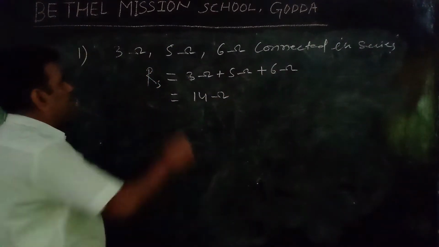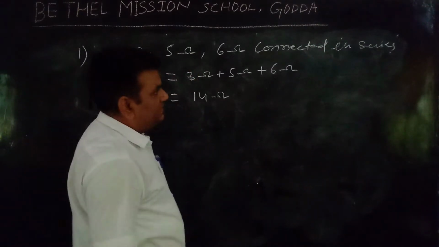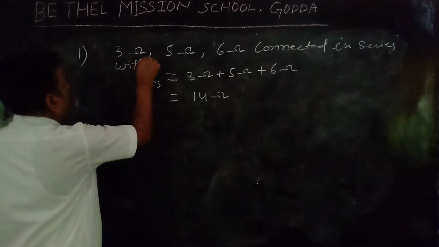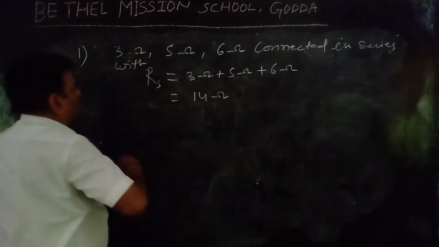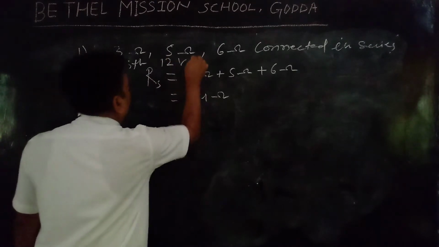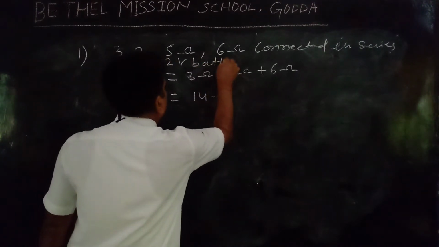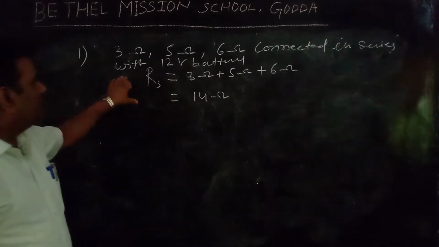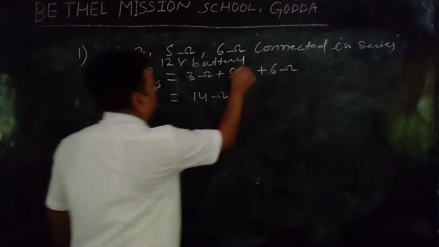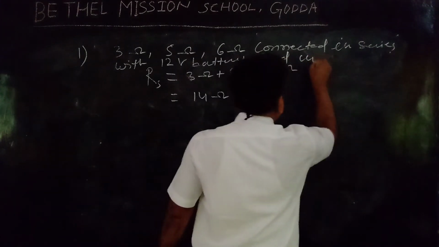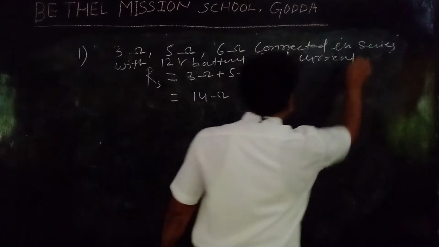Suppose that these three resistances are connected in series with a 12 volt battery. Find the current.